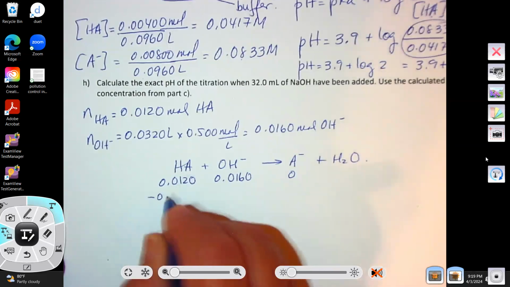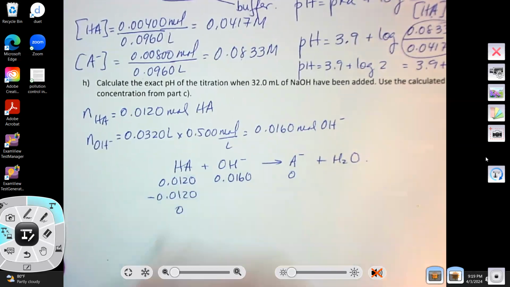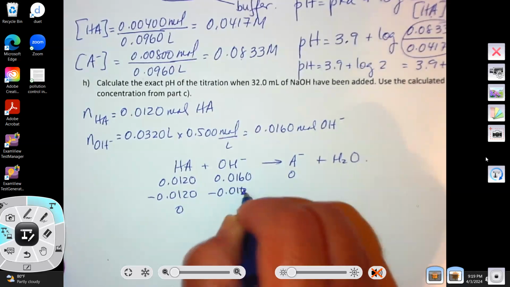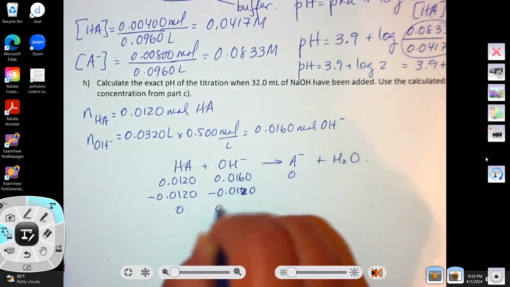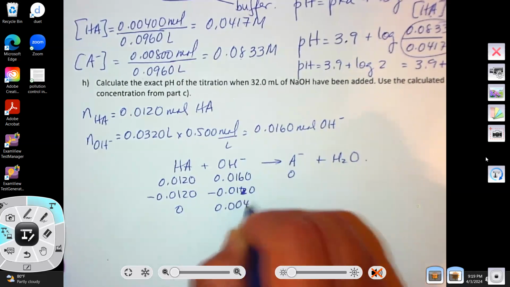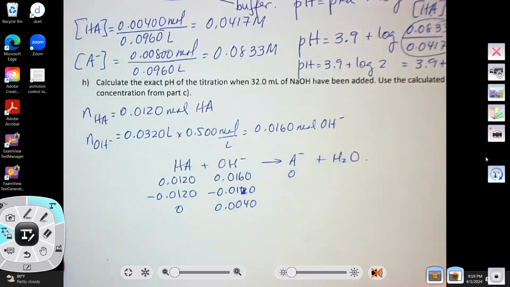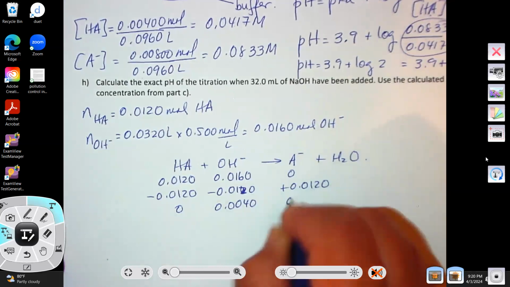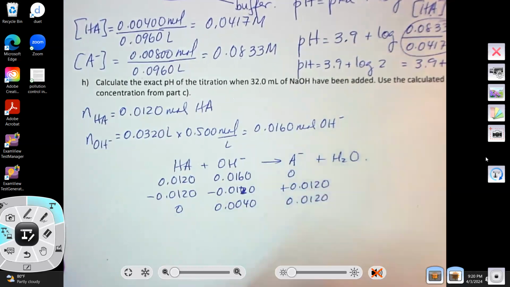So you're going to subtract that. So you're going to end up with nothing of the acid. You're going to subtract this. So you're going to end up with a little bit of extra sodium hydroxide. And here you're going to add. So you're going to have a little bit of your conjugate base.